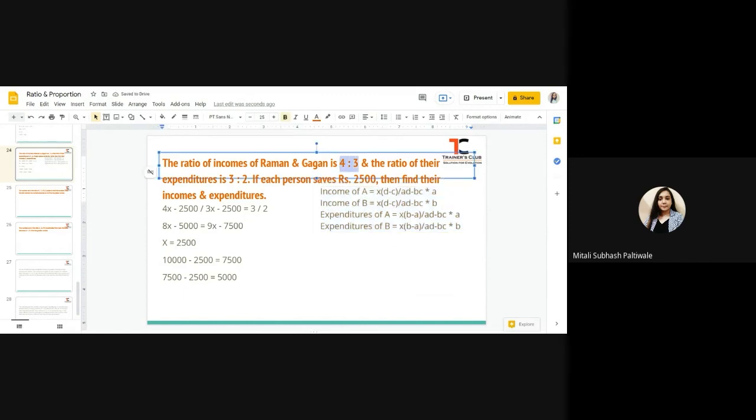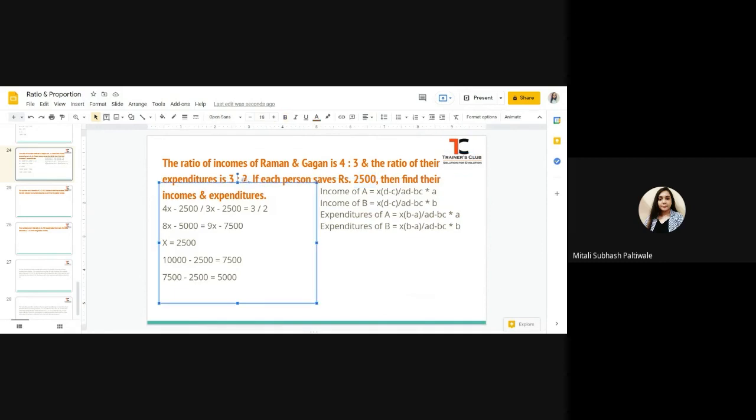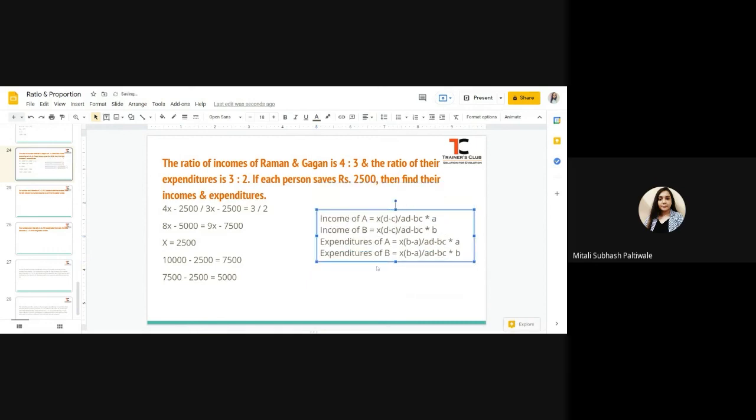This is A and B, and this is C and D. Okay, and this is X. This much is the amount which they are saving, X. Okay, so D and C are nothing but 3:2, and A and B are 4:3. Okay, so yeah, that's it. So these are the two equations. These are the formulas.